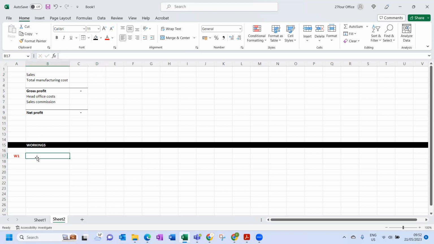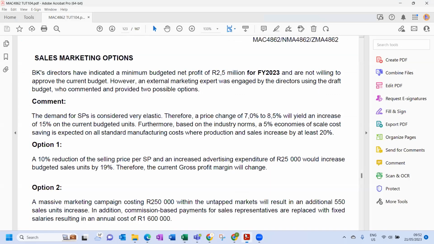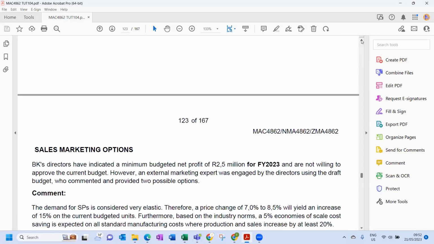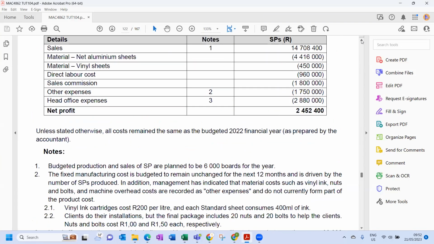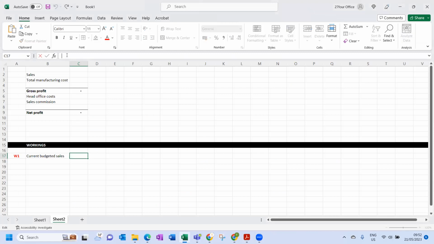So the current sales value, current budgeted sales, you might just take note if I take down the right numbers. So you can just help me with that.